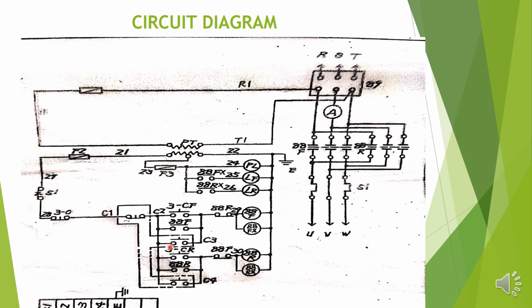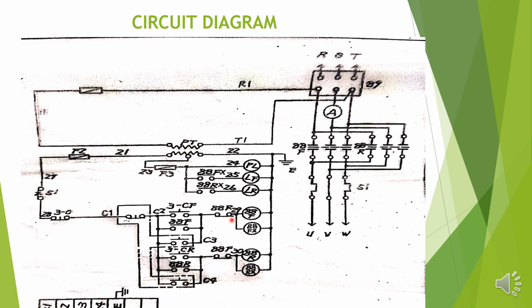Now first of all we will start the motor from the local panel. The normally closed contacts are closed already. This is the stop push button from the panel, this is the stop push button from the remote, and this 3CF is the start push button in the panel, the forward push button. Okay, once you press this one, power will transfer to here.